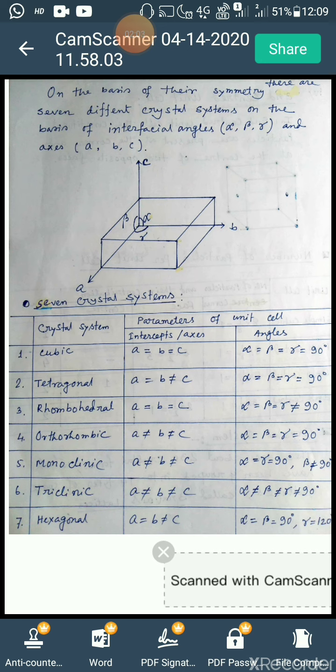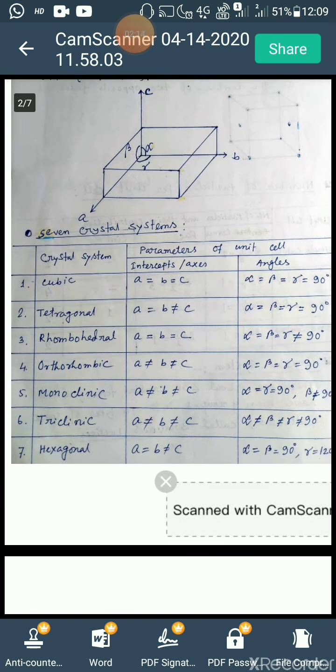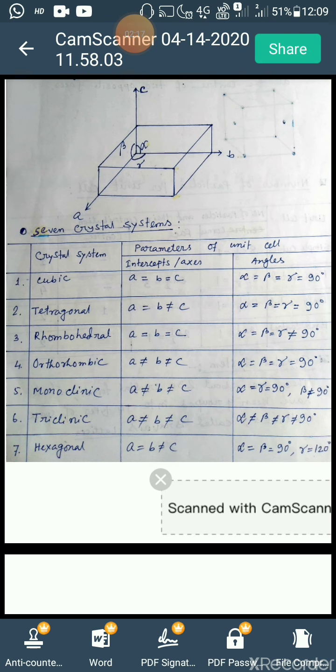That is, the edge lengths along the a and b axes are the same, but along the c axis is different. That is, a equal to b not equal to c, and alpha, beta, and gamma are all equal to 90 degrees.